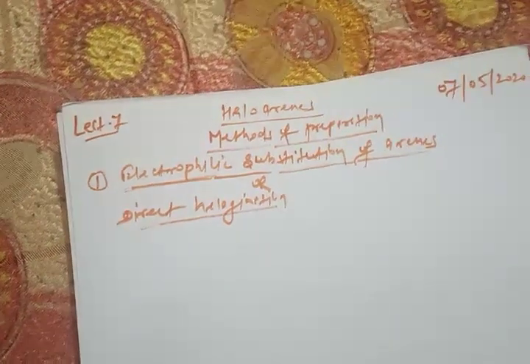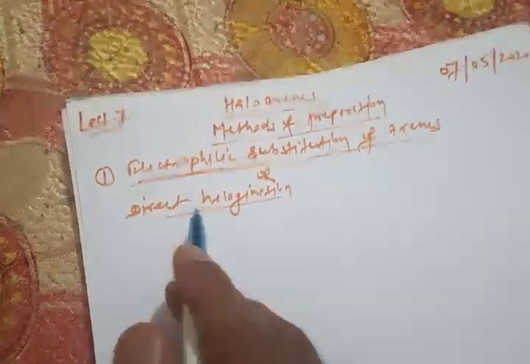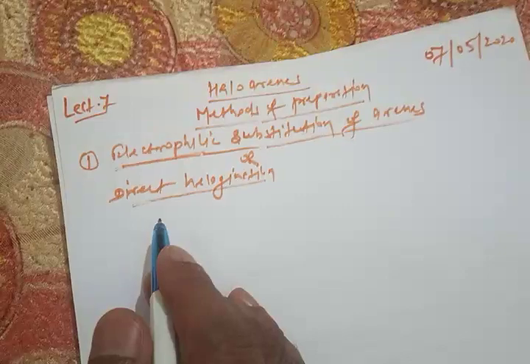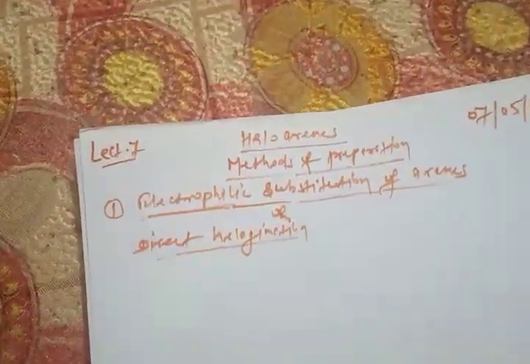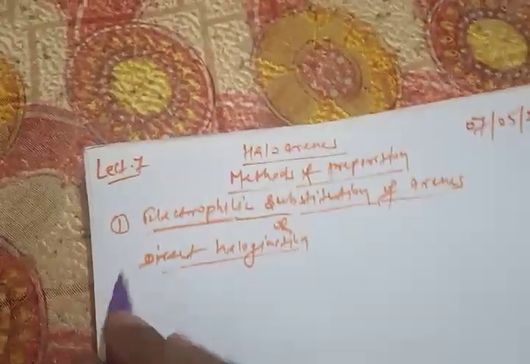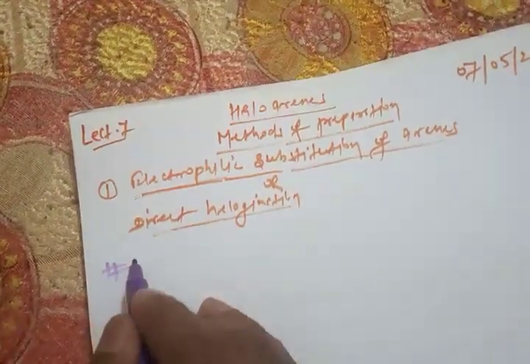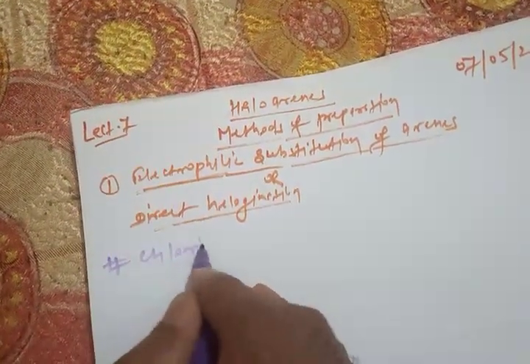The very common direct halogenation is chlorination, so let's start with chlorination first.